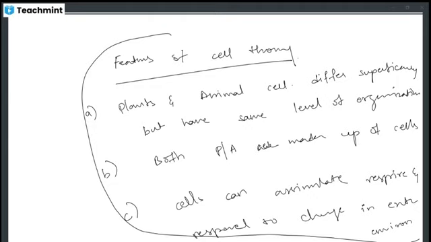So tell me, what are the three points of cell theory? What are the 3 points of cell theory? Or you can just write down. Cells arise from pre-existing cells. Alright. Next.